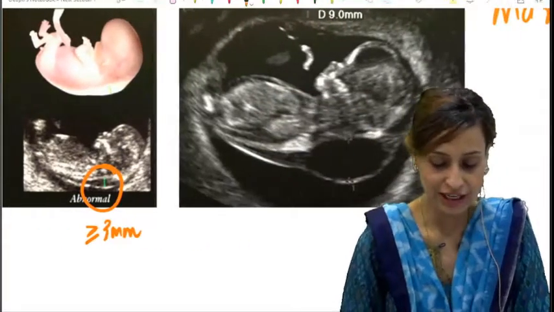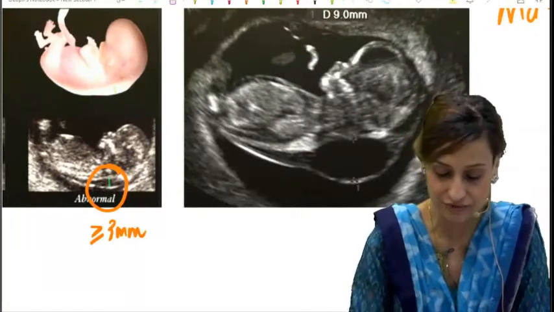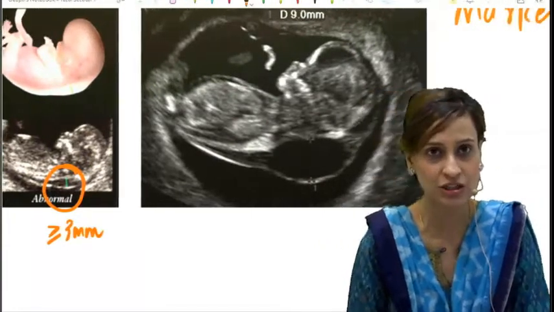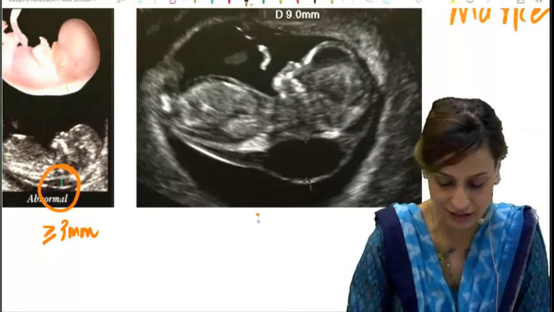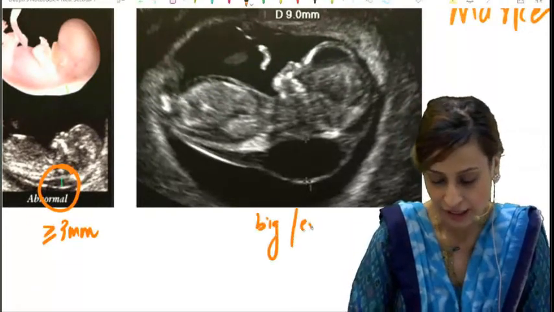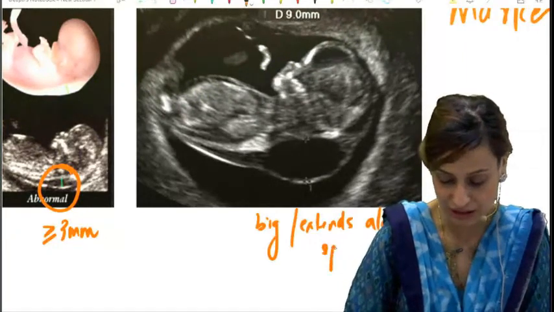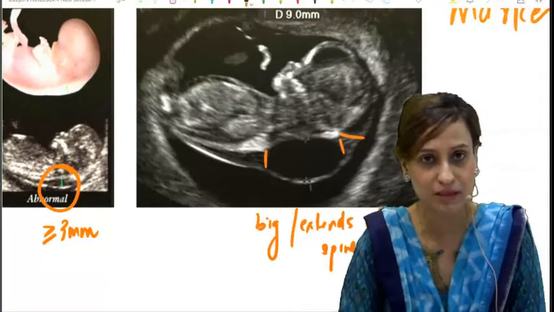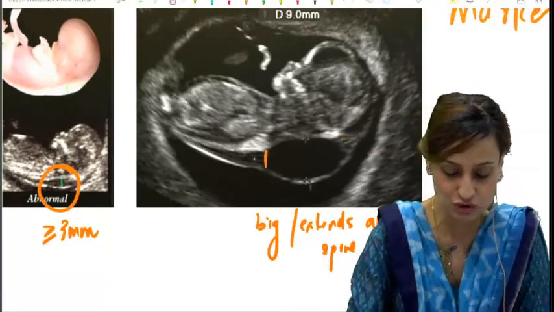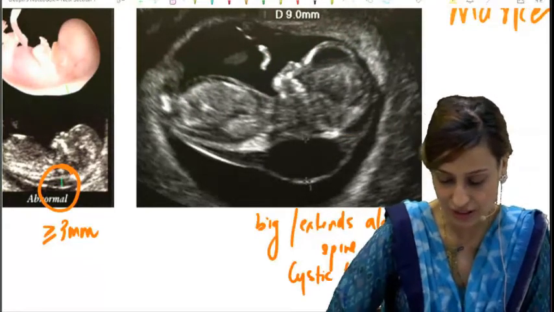On the other hand, I just want you to compare it to the other translucency that you're seeing here, which is actually too big a collection. And not just too big, if you see, it's extending along the entire spine. And if you can see, it also has septae. So if it extends along the entire spine, has septae, and is too large a collection, then it is not nuchal translucency, and this is rather a cystic hygroma.